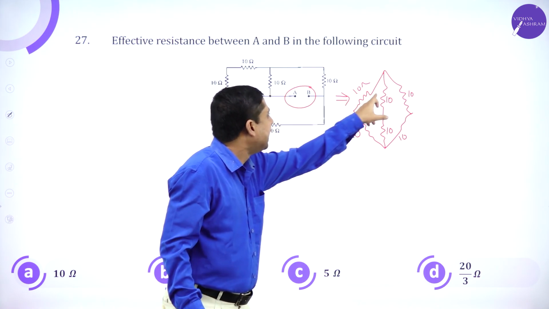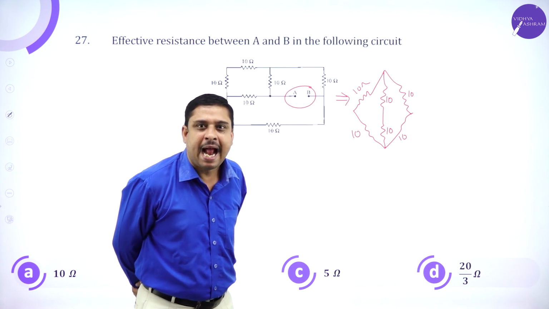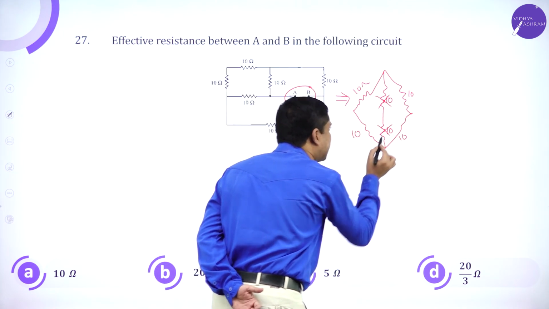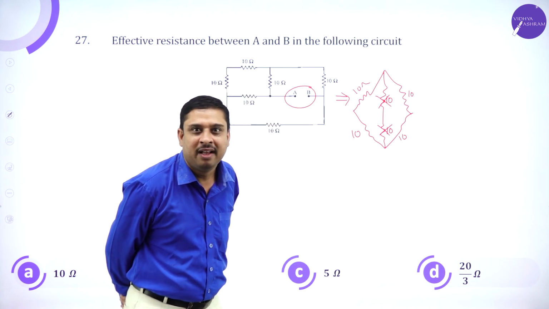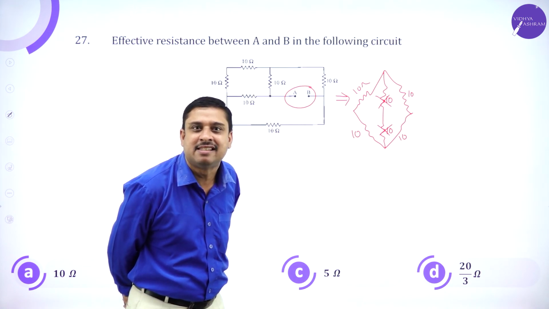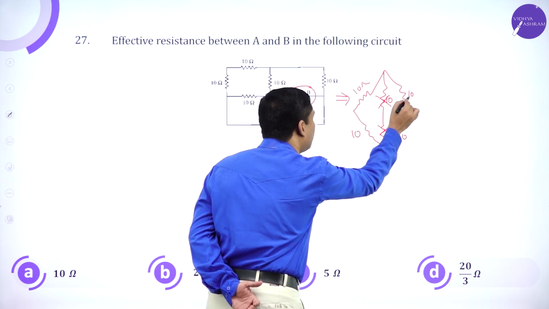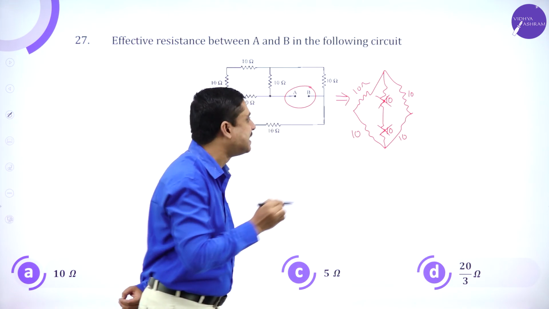In between these two, 10. And you know, at balanced condition, these two resistances become ineffective. Resistance in the middle, they don't support the effective resistance. So you have two resistances of 10 ohms in series, two resistances of 10 ohms in series.